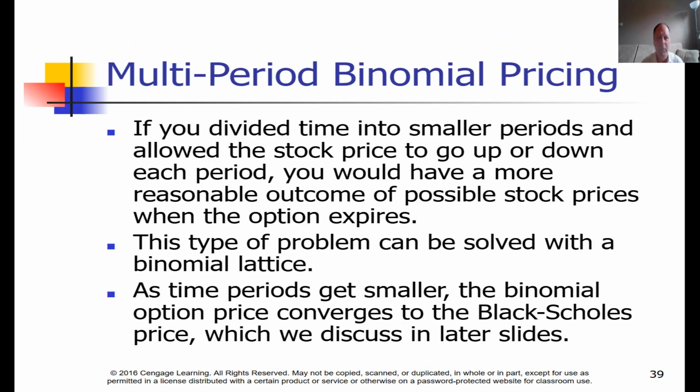If you divided time into smaller periods and allowed the stock price to go up or down each period, you would have a more reasonable outcome of possible stock prices when the option expires. This type of problem can be solved with a binomial lattice using a computer system, and as time periods get smaller and smaller, the binomial option price converges to the Black-Scholes price, which we will discuss in later slides.